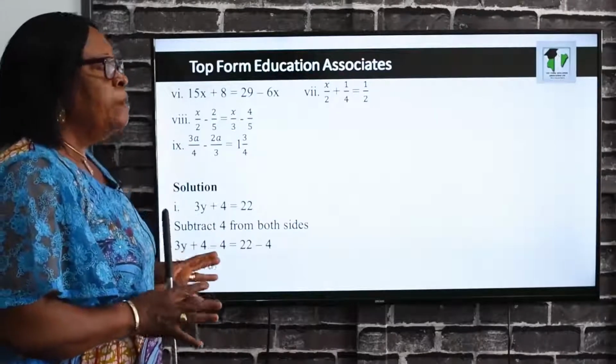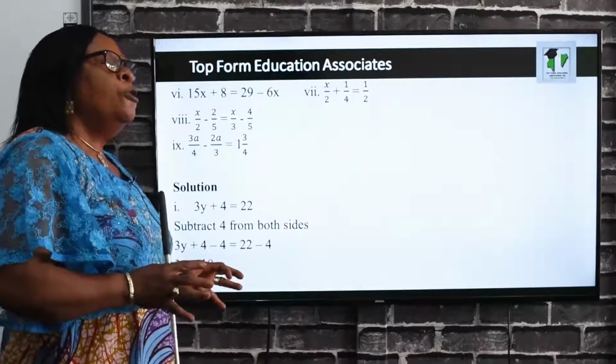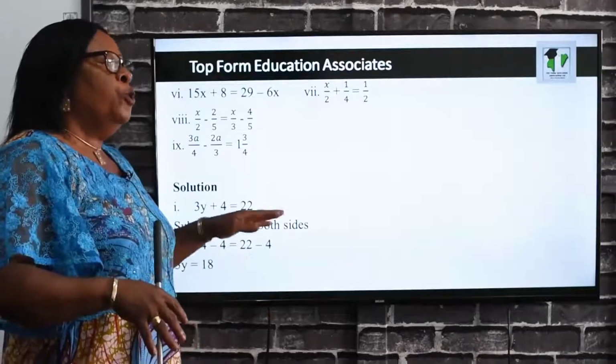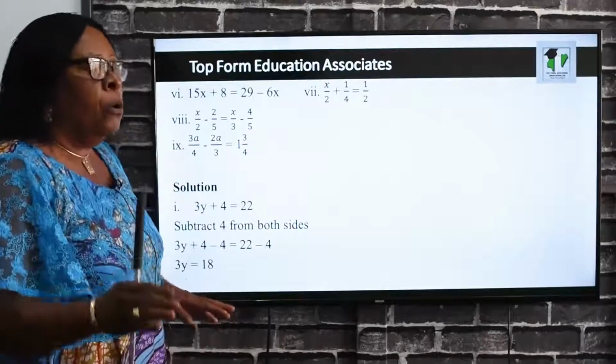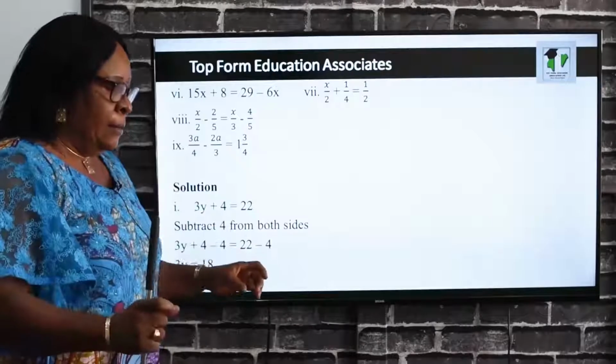And in the balance method of solving equations, what we are doing is to balance the equation. Whatever you put on the left-hand side, you put the same on the right-hand side. It's like your balance.